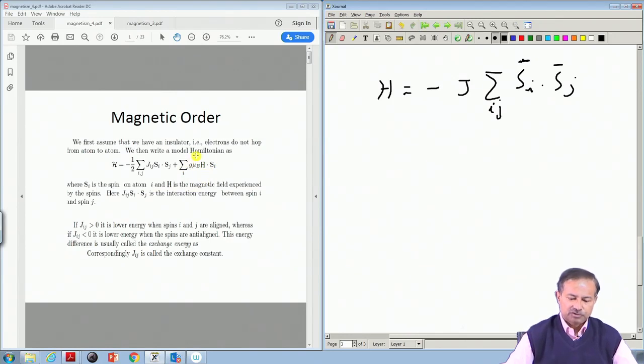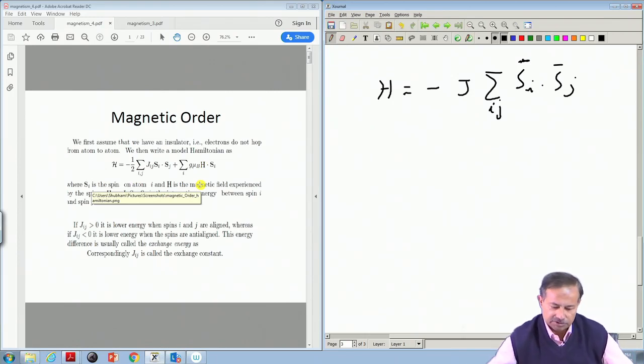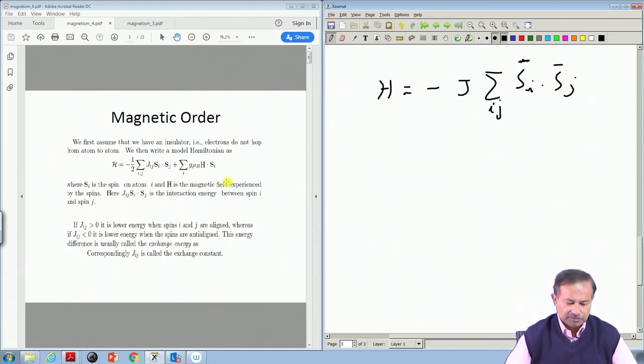Generally one absorbs this g mu_B and everything into H and writes a model which is just H dot Si, summed over all sites, for a constant magnetic field H in a particular direction. So, that means if H is in the z direction, this will just become H sum over all sites of Sz.